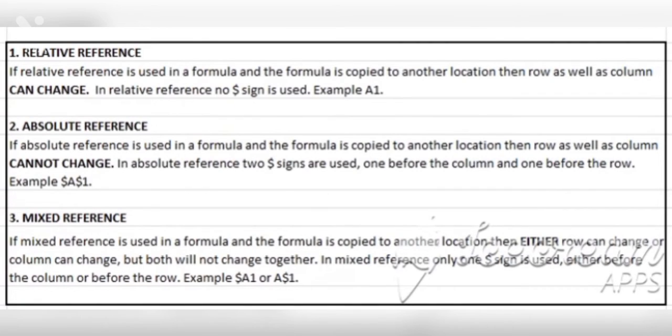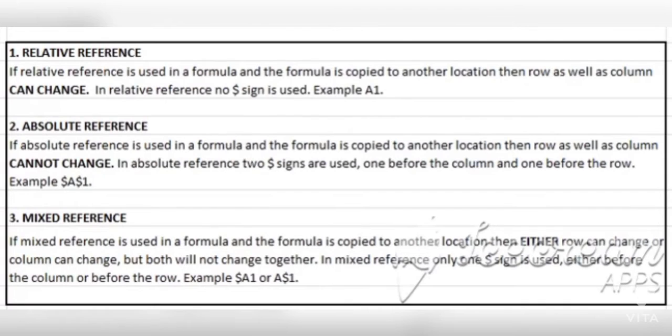In relative reference, no dollar sign is used. For example A1. You will copy the same, with no dollar sign used. The same formula will be copied next.